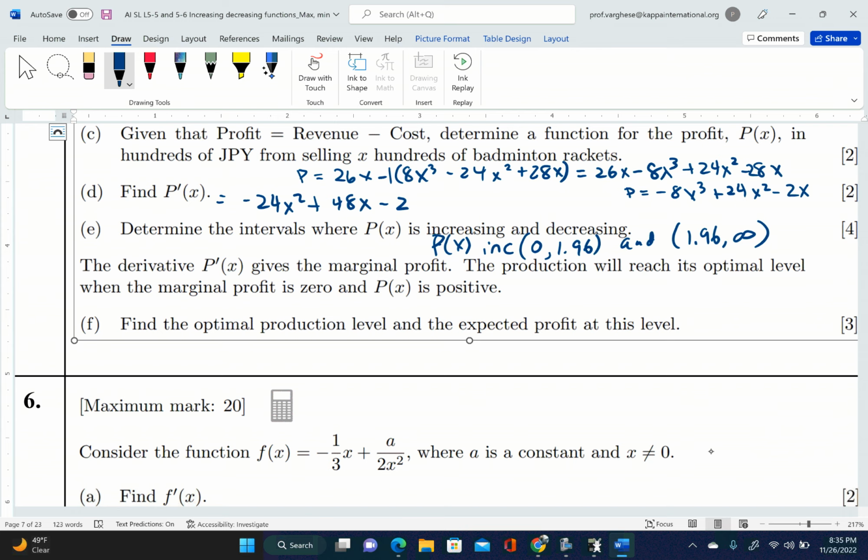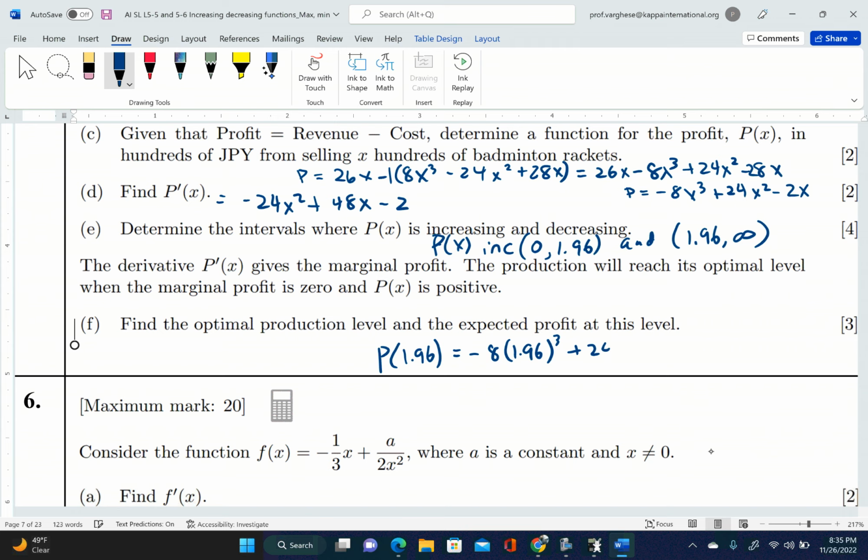P of our maximum point, 1.96, is equal to, so we plug in 1.96 for x. Negative 8 times 1.96 to the third plus 24 times 1.96 to the second power minus 2 times 1.96. You just plug that into the calculator, and this will give you about 28.